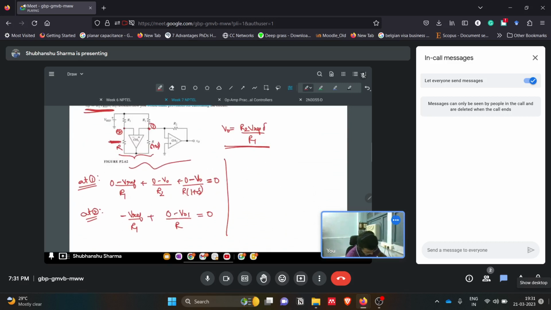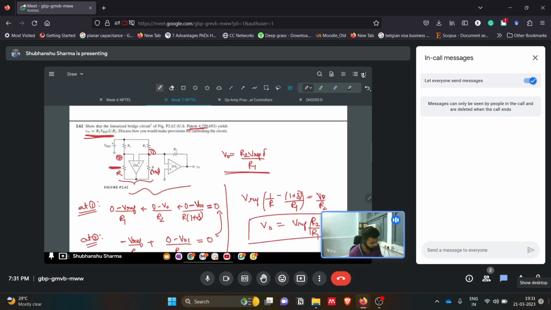Then by combining these two and substituting for V naught 1, we get V ref by R minus 1 plus delta by R1 equals V naught by R2, which is basically V naught equals V ref R2 by R1 delta.